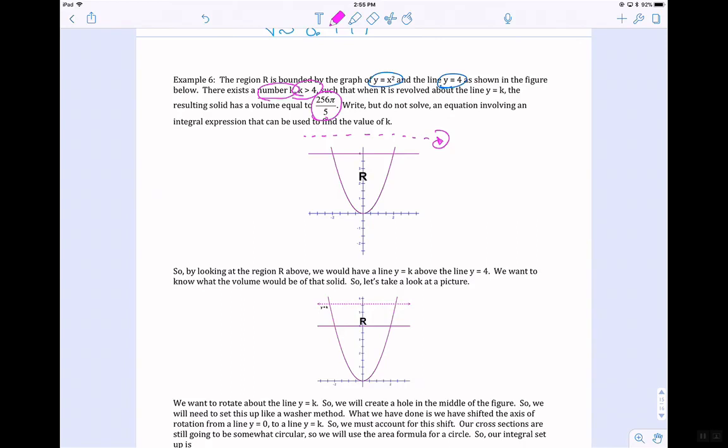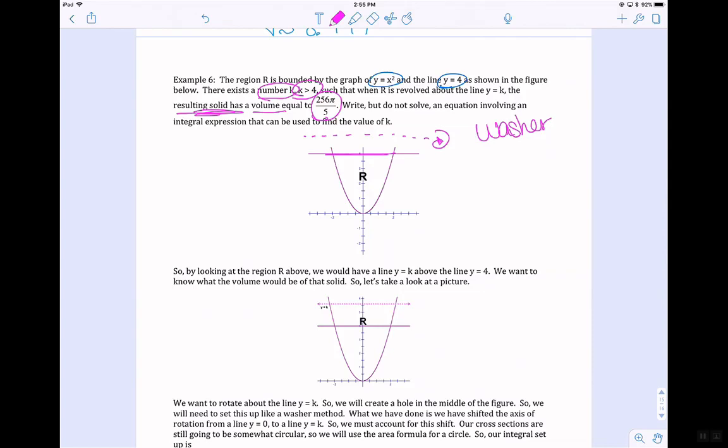Let me be clear. There is a gap between k and the line y equals 4. So even though I said the resulting solid has that volume, this is actually a washer. I can classify a washer as a solid, so we use the idea of a solid in directions very loosely.